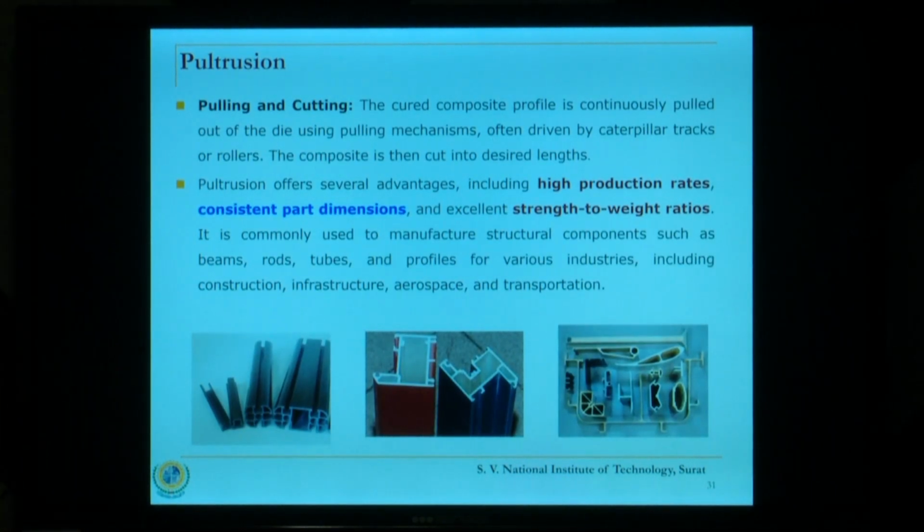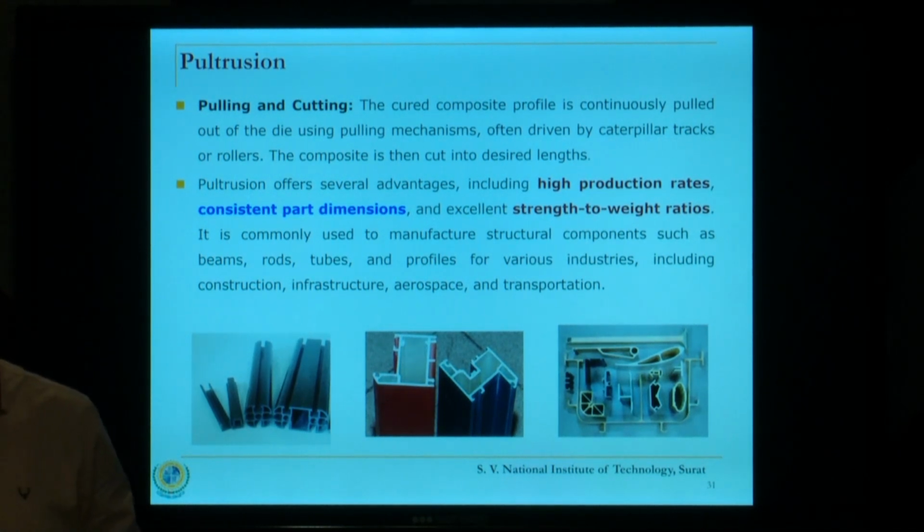So, high production rates you may get, and consistent part dimensions you may get if you are able to pull it at a certain defined pressure. Of course, from case to case it would vary, but whatever pressure you have decided, you will have to pull it at that particular condition. And the other thing is, it gives you excellent strength to weight ratio. Okay. Why?